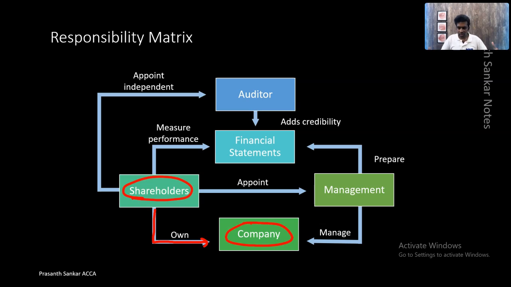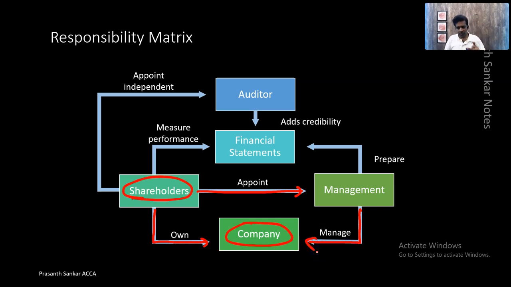The shareholders put their funds into the company, and then they appoint the management, like the CEO, CFO, managers, sales director, finance director, all those directors, who will run the company. They will manage the company.